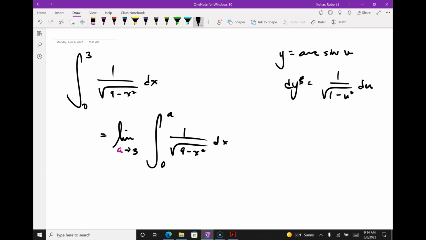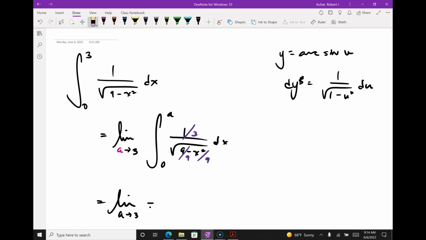So I don't want the 9, right? So I'm going to divide inside by 9, which means I'm dividing outside by 3, right? The square root of 9 is 3. And it looks like I'm going to need that 1/3 as my du.